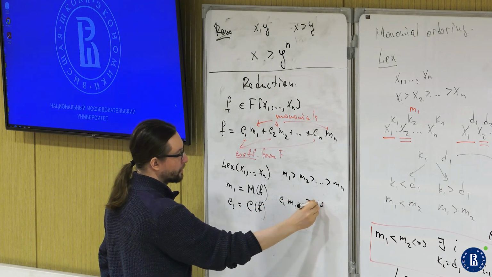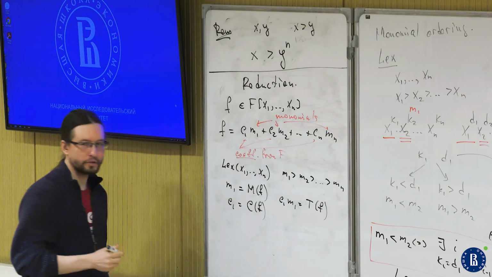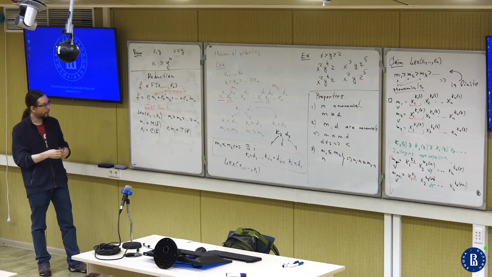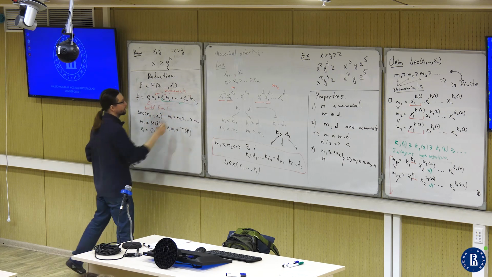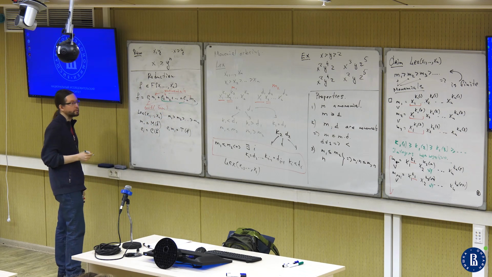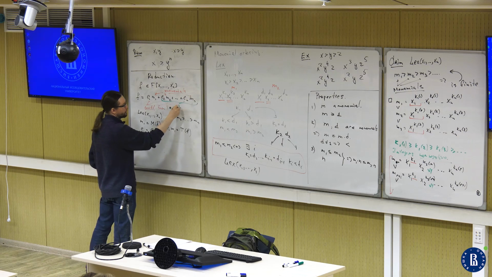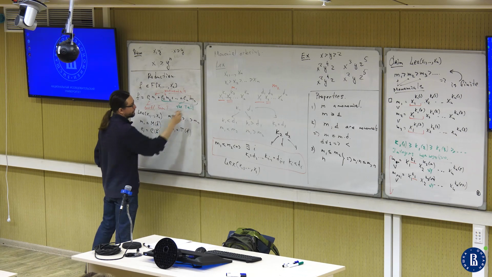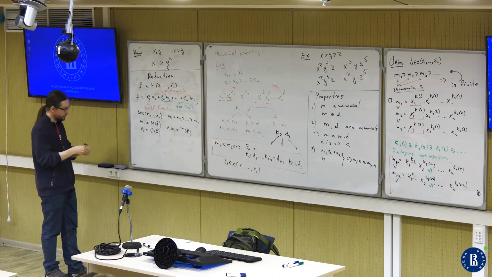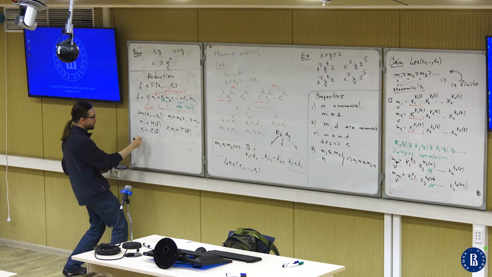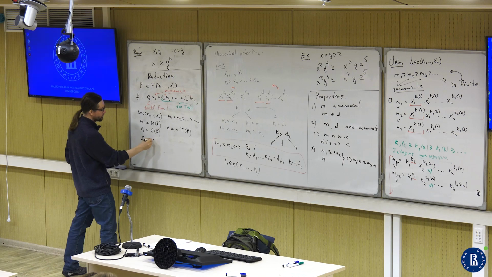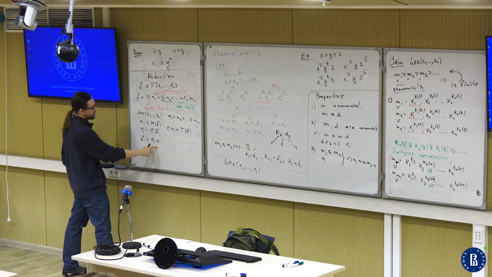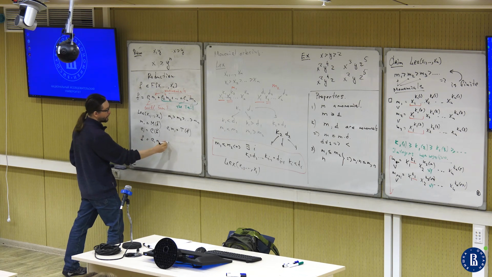And c1 m1 is t of f, the highest possible term of f. And the rest of the polynomial is called the tail. So every polynomial, when we have an ordering, can be presented as the sum of the highest term and its tail.